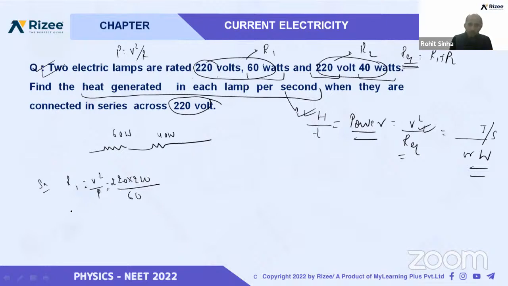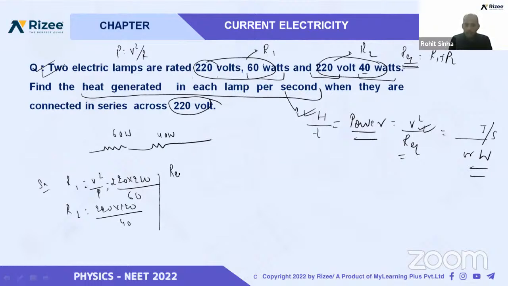That is R1. R2 is equal to V square by P, V square means 220 into 220, by power, which is 40. We got R1 and R2.